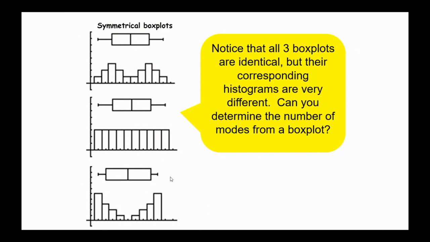They all pretty much look identical for the most part. But if we look at the histograms, they are completely different. The first one is bimodal, the second one's uniform, and then we have another bimodal. So the histograms are totally different, yet the box plots look the same.